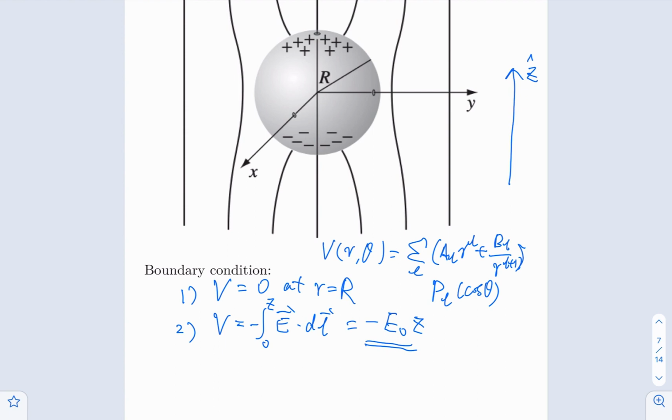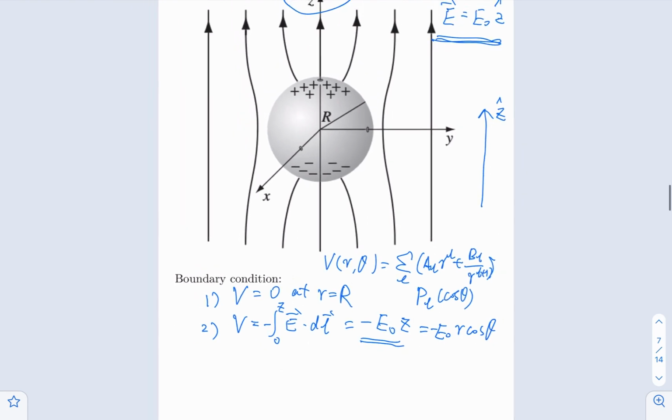Now this z we can express in terms of r cosine theta, which is simply a transformation from Cartesian coordinates to spherical coordinates.